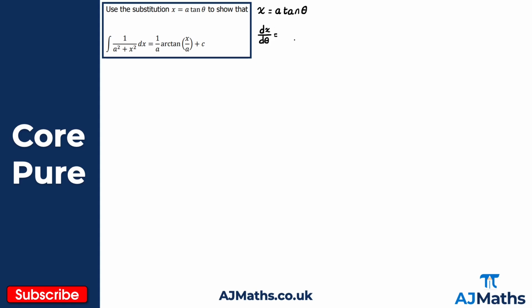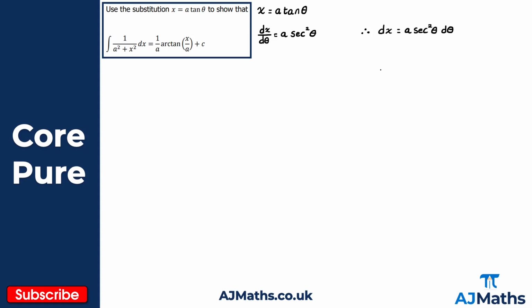In this case, we get a sec squared theta for dx by d theta. So if we just want dx, it will simply be a sec squared theta d theta.